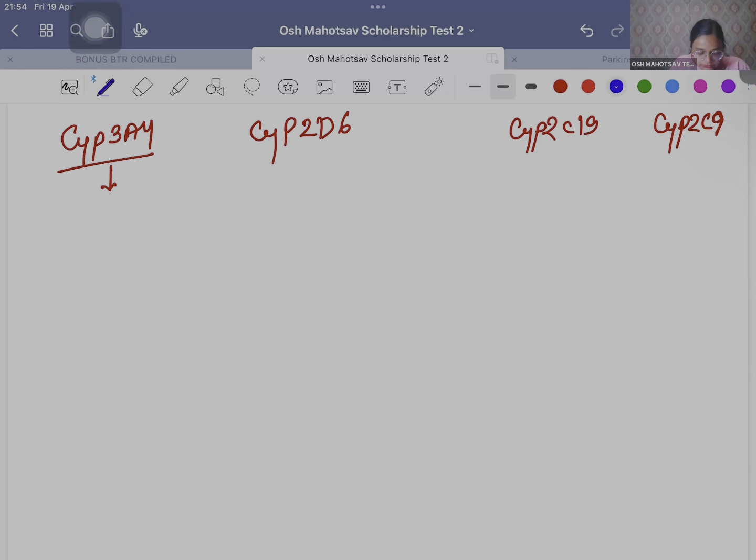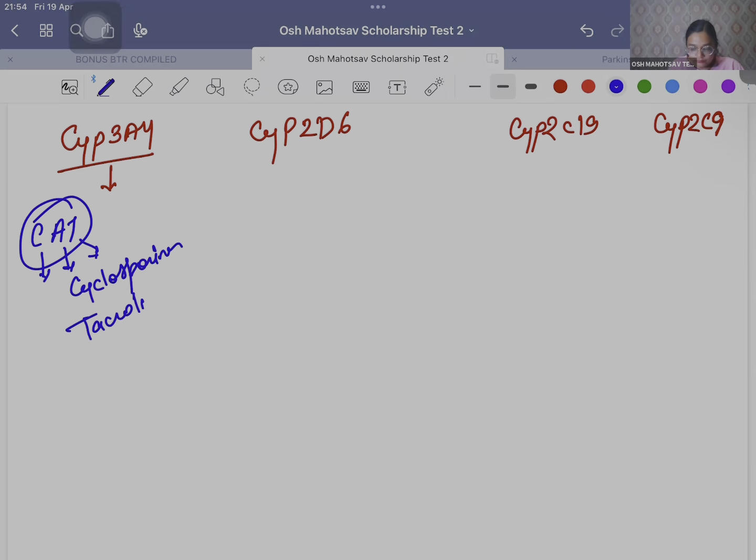The first are all those CAT drugs which lead to QT prolongation. CAT is cisapride, astemizole, and terfenadine. Then cyclosporine, tacrolimus, statins, and amiodarone. All of these drugs are metabolized by cytochrome 3A4.